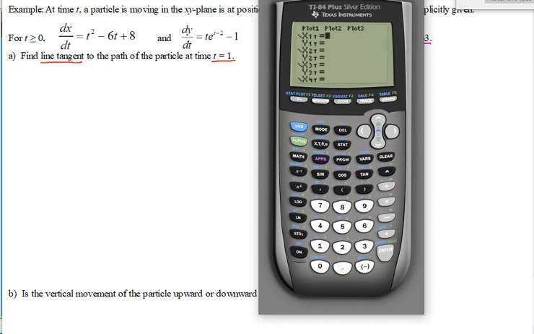But to get that, you'd have to have x of t and y of t, the original ones. So we've got t squared minus 6t plus 8. Oops. And then we've got t, and then e to the t minus 2, close parentheses on the exponent, and then minus 1.